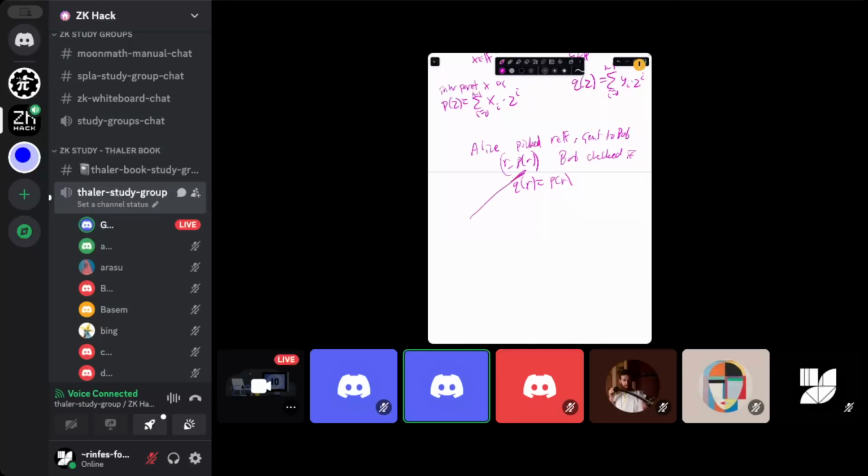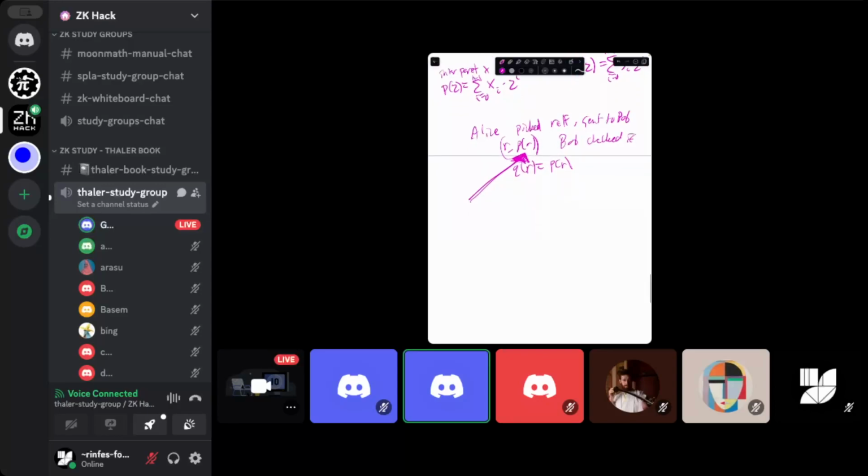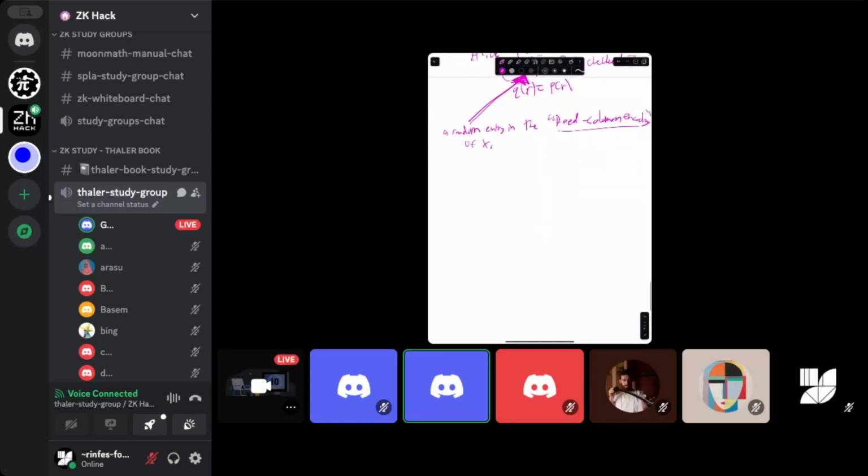Okay, and so there's one way of describing what P of R is. It's just a change in perspective. You can think of P of R as a random entry in what's called the Reed-Solomon encoding of X. Okay, and so let me describe what that means.